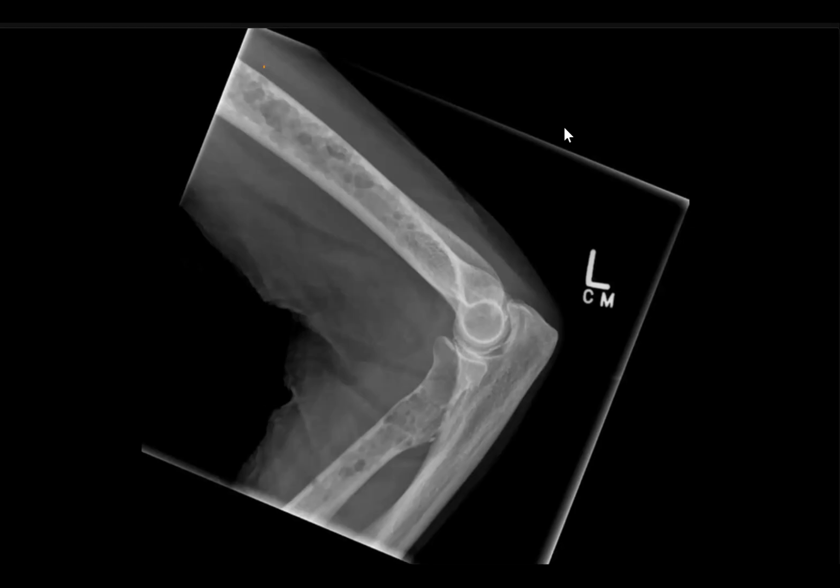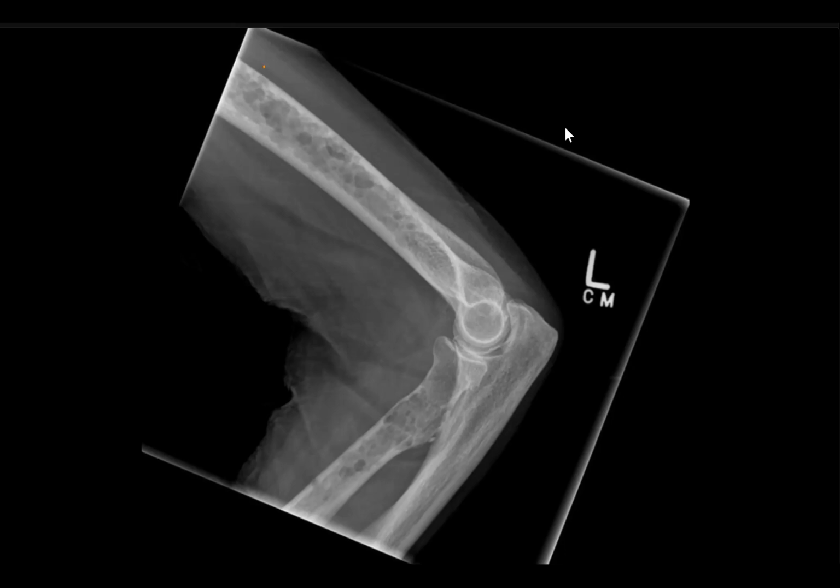So if the patient is 70 years old and has a history of pain, I would like to keep the differential of multiple myeloma at the top. Second would be metastases from any primary, for which I would like to know the history of the patient and review the clinical notes. I will also want to see previous images for comparison.